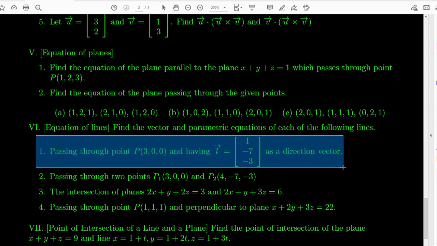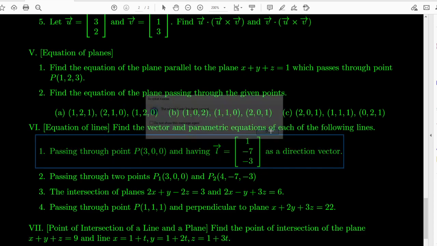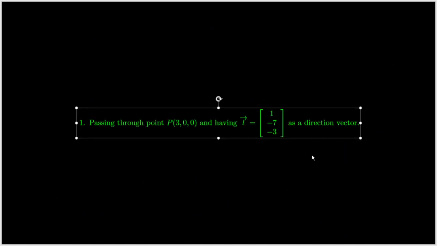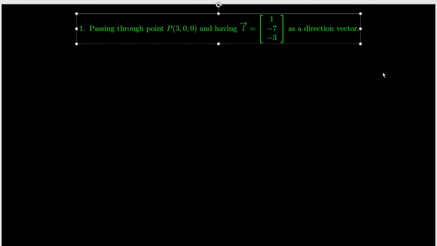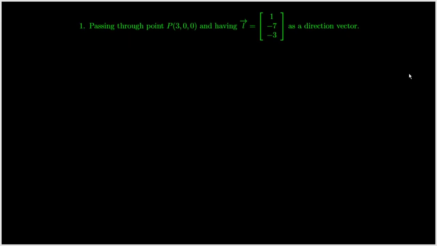That's a simple, straightforward question. In the question, we are looking for the equation of a line in both forms, passing through a point and having a direction vector L.